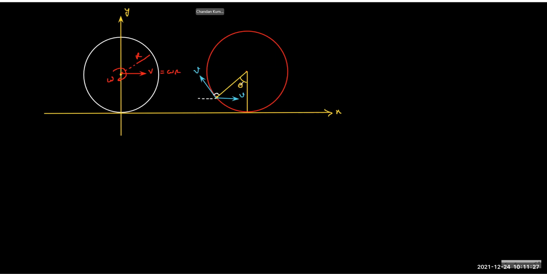This is a right angle, this is theta, so this will be 90 minus theta. So we are done. What is Vp? V minus V cos theta, which is V(1 minus cos theta). This is Vx basically.